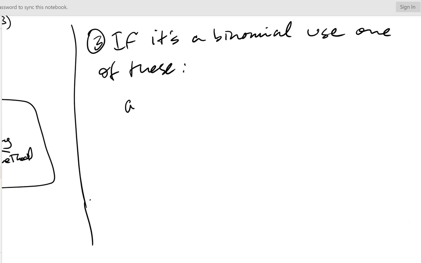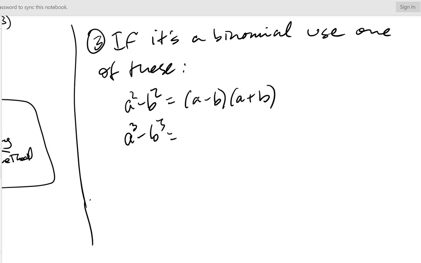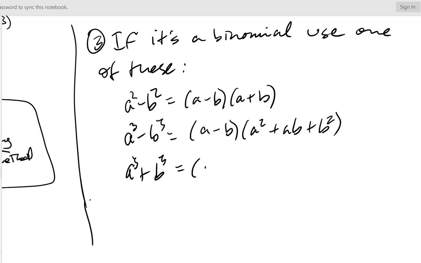All right, so if you have a squared minus b squared, it's going to be a minus b times a plus b. If it's a cubed minus b cubed, this is going to be a minus b times a squared plus ab plus b squared. I want you to memorize this one, b squared. And then if it's a cubed plus b cubed, it's a plus b times a squared.